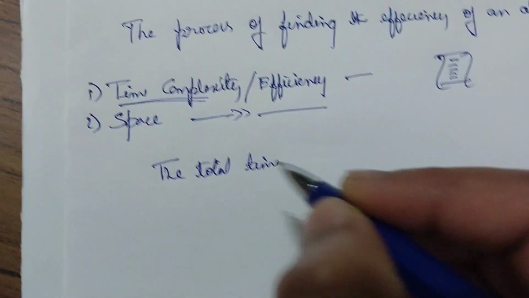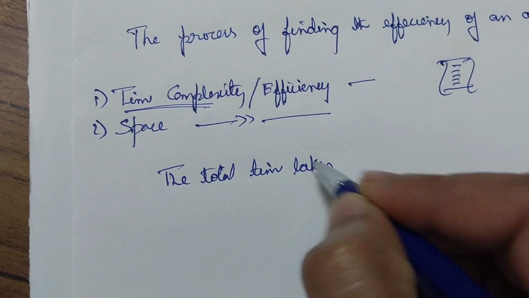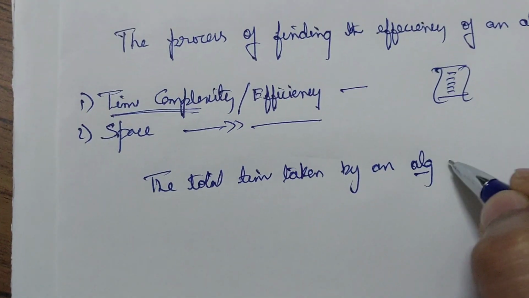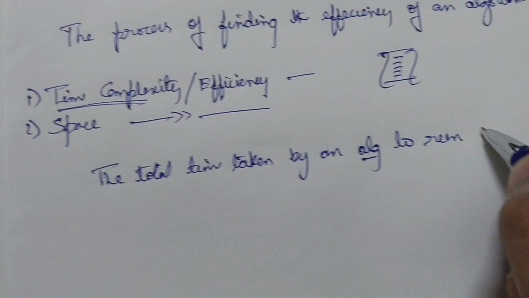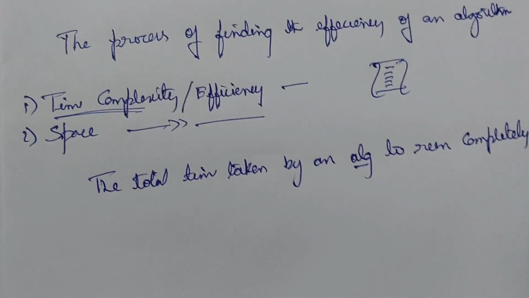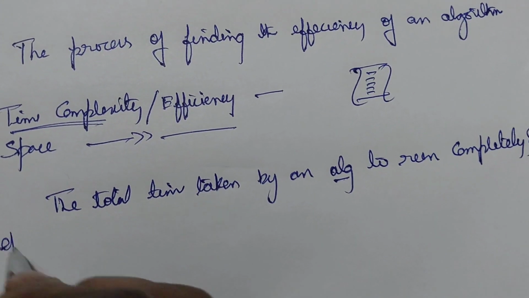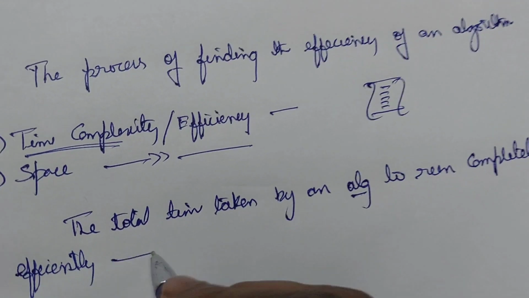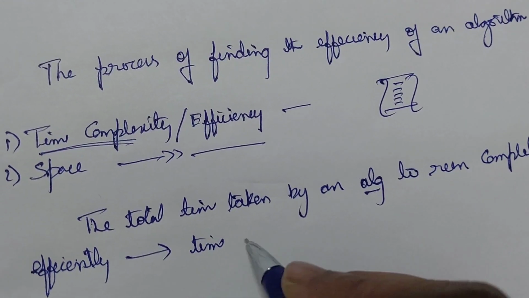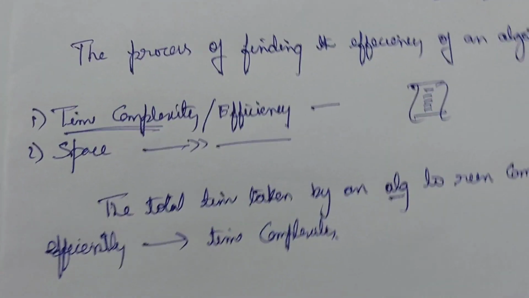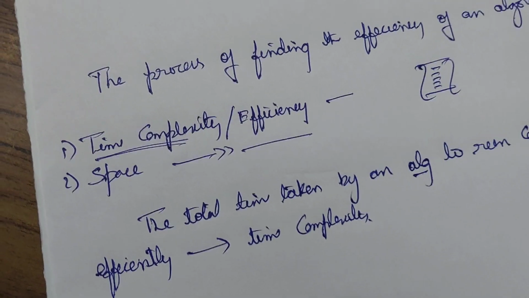So now coming back, time complexity means the total time taken by an algorithm to run completely and efficiently is called what? Time complexity. Okay, so now what do you mean by space complexity?